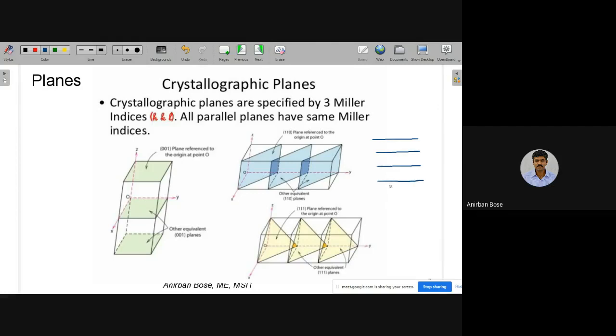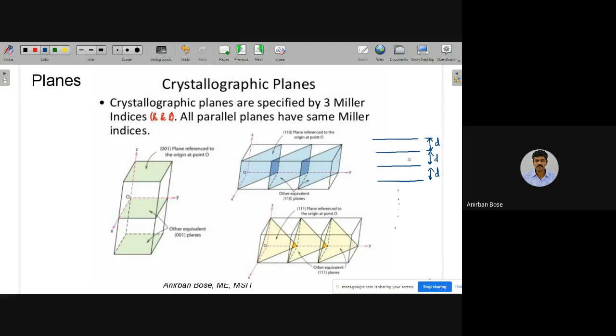And you see the distance between any two planes. Let us consider the distance between any two planes is d, and this d is the same between any two parallel planes. Let us consider we are considering this set of planes having the same distance between the planes.